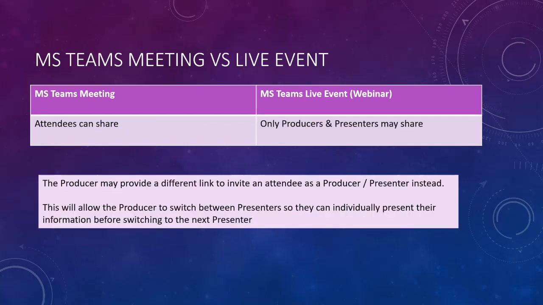The second point is that in MS Teams meetings, all attendees can share. So you can call on a student or a member of your meeting. You can let them share their screen and they will have control over the slides that they are presenting. And you can even give them control over your slides.